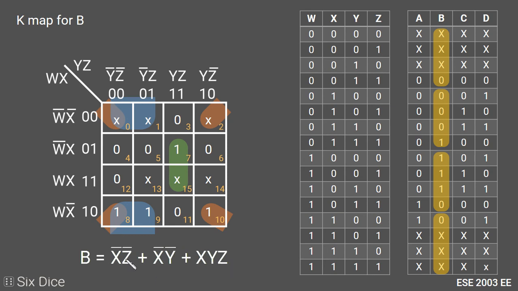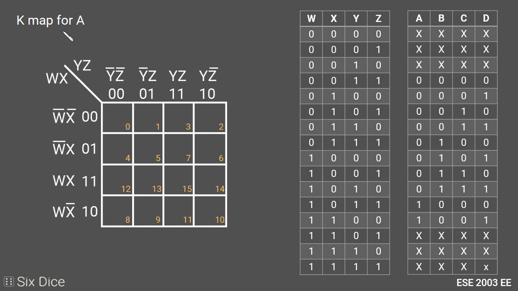So B will be X bar Z bar plus X bar Y bar plus X Y Z.